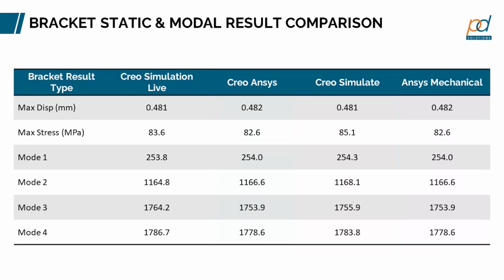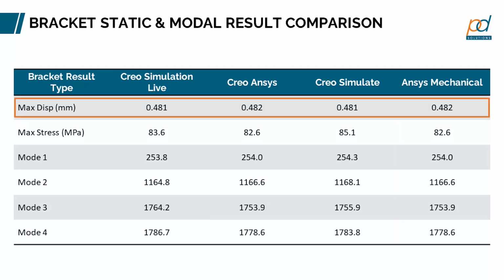But if we compare these other quantities across the full range here, let's look at the maximum displacement. We're seeing one in the last significant figure. So that's 1 part in 500 roughly. That's about half of 0.1% variation.